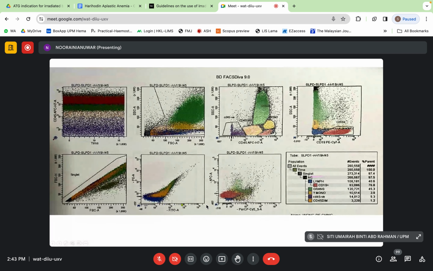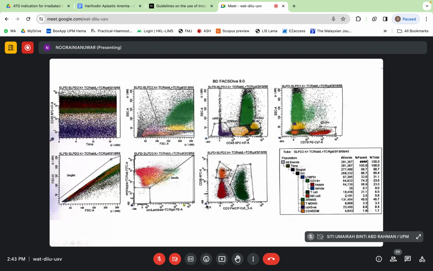In the LPD screening, the CD19 positive cells show kappa restriction. So these lymphoid cells are all clonal. Our population of interest is negative for CD56 and negative for T marker CD3.